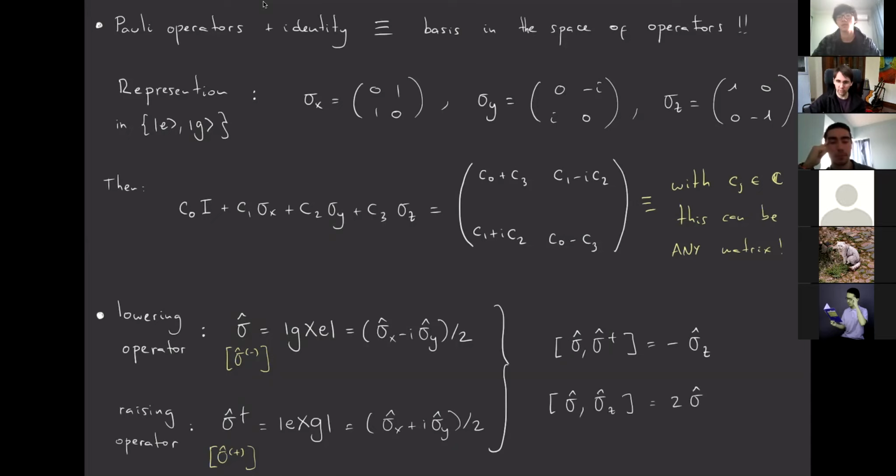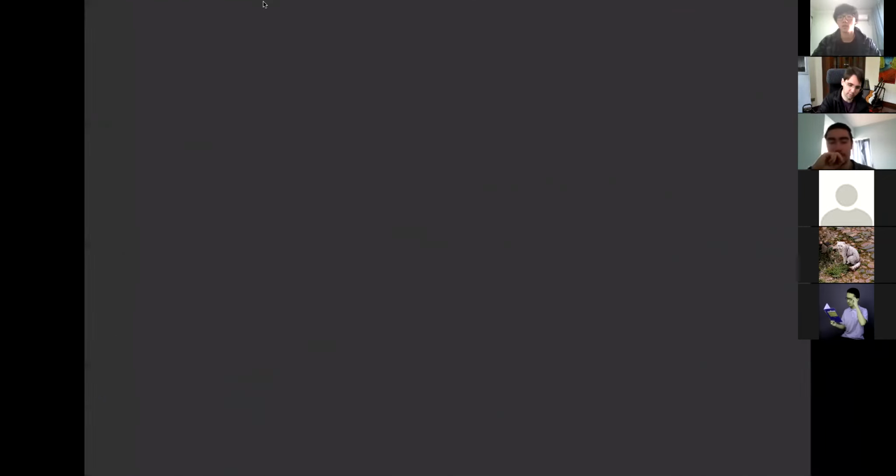And of course, for the dagger, you just take the dagger of this expression and you find it. Okay? So this is all I want you to know about raising and lowering operators and about the mathematics of the Pauli operators.